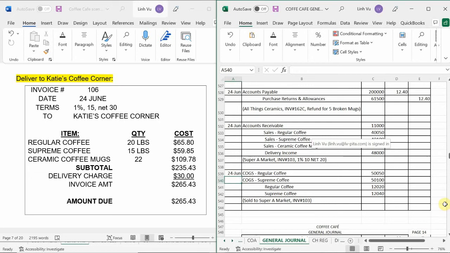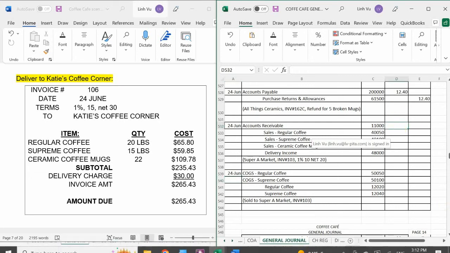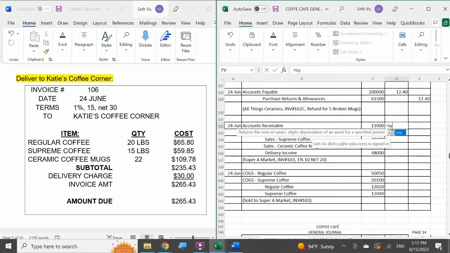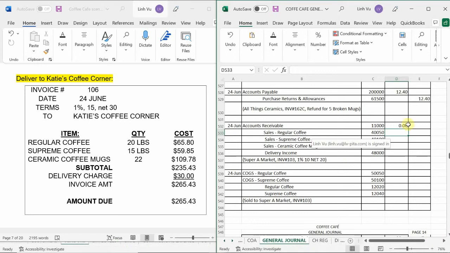Okay, so we got an accounts receivable, right? So how much regular coffee did Katie buy? It was 20 pounds at 65.80, and the Supreme is 59.85.